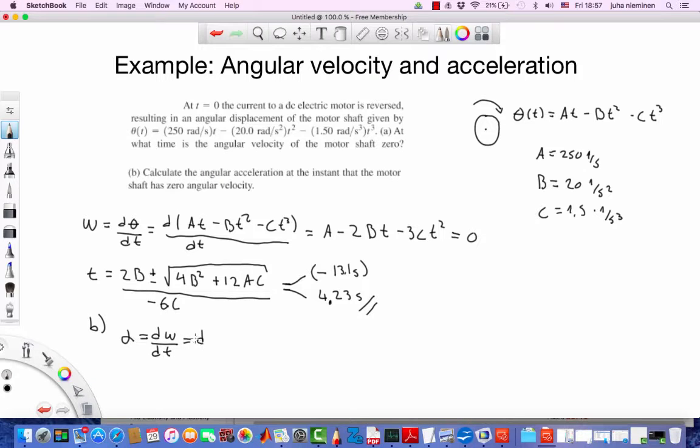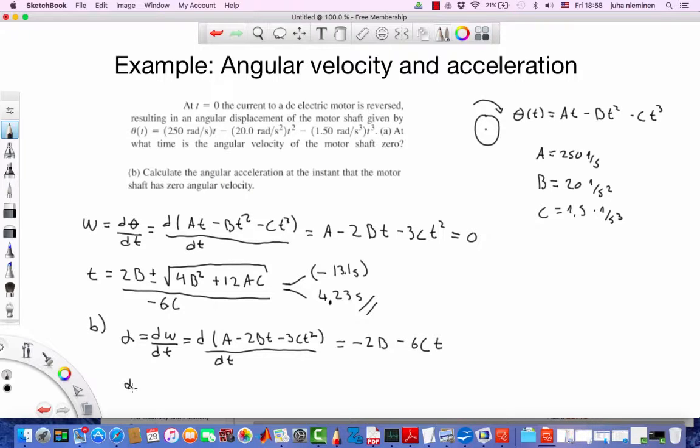So we are differentiating this expression, a minus 2bt minus 3ct squared, with respect to time. And the constant term a disappears, so we have minus 2b minus 6ct.